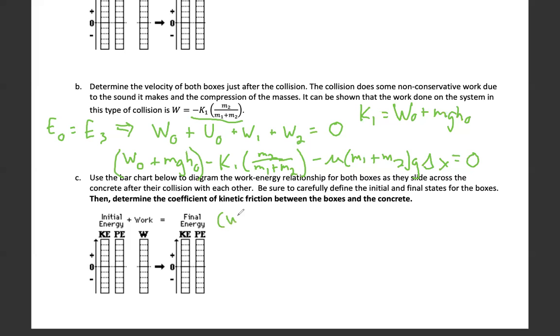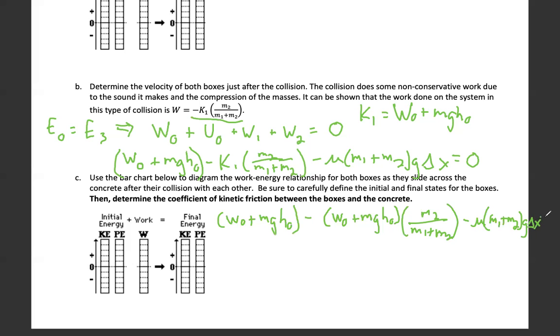We could say work naught plus mgh naught, minus work naught plus mgh naught, times m2 over m1 plus m2, minus mu times m1 plus m2 times g delta x, equals 0.